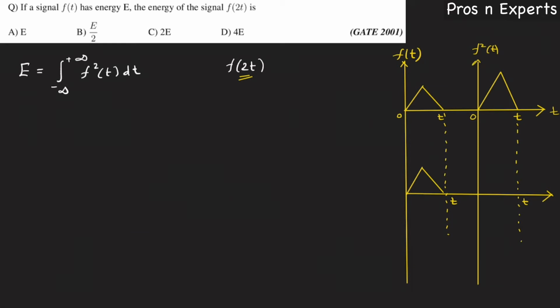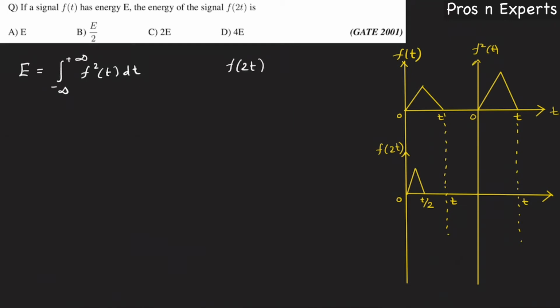Sorry, I have to draw f of 2t as half the width. Compressed version means half the width. So this signal extends from 0 to T by 2. That is f of 2t. Now, what will be f square of 2t?